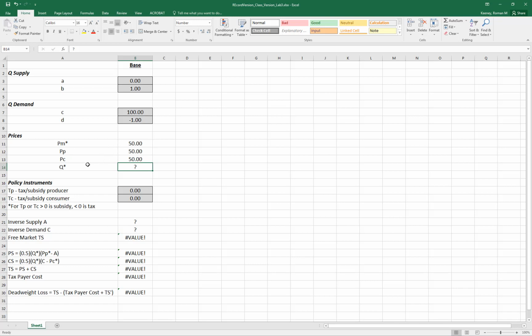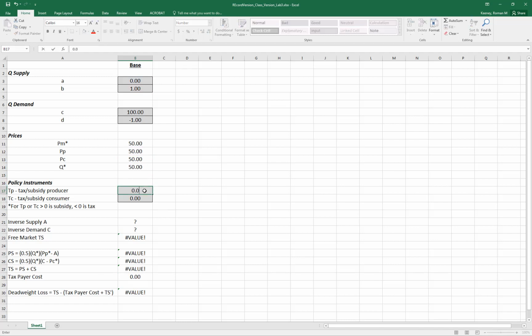If you use the demand side, you need to make sure they're using the consumer price. And so I'll just use the producer. It's at the top here. So A plus B multiplied by the producer price in B12. So B3 plus B4 times B12 will finish out the quantity.